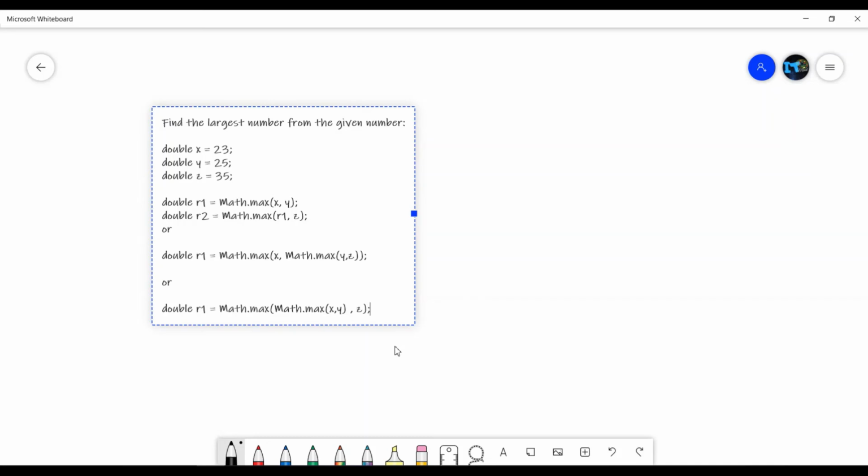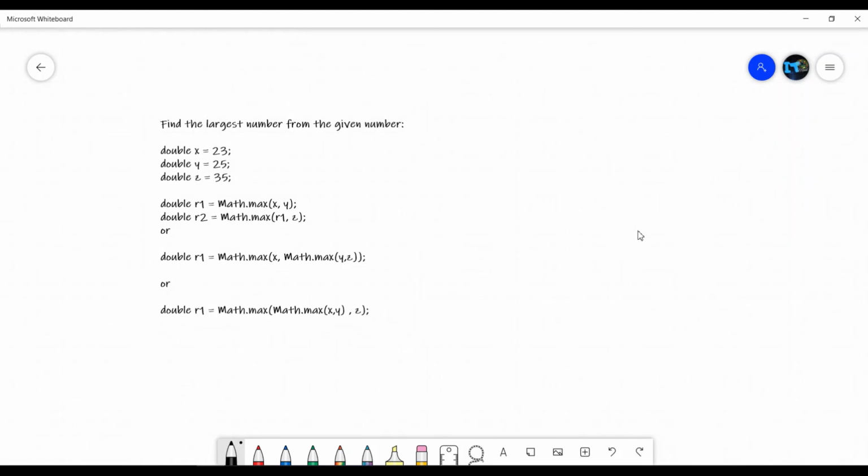In this way you can also calculate your largest number among your three numbers. Means you have to calculate the max number using your nested method, or you can use double parameters to calculate the maximum one. So this is all about the max method uses.